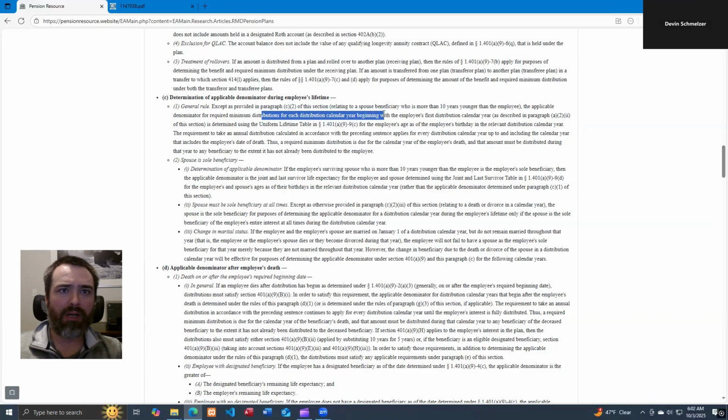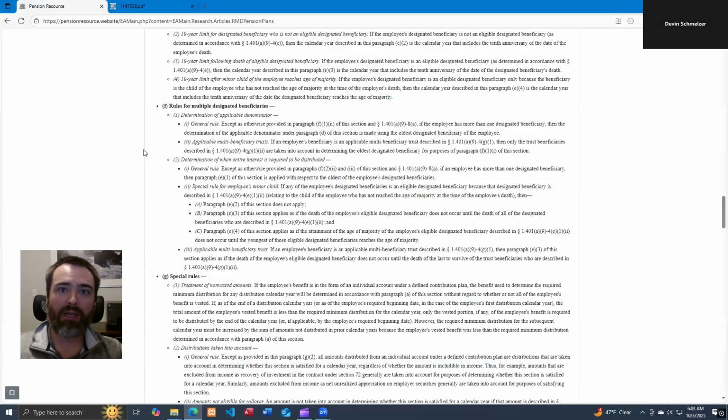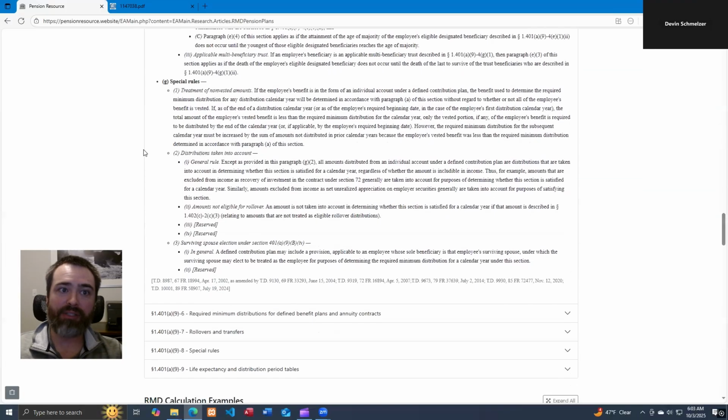I'm going to skip paragraphs D, E, and F because we're focusing on when participants are alive. Now we're down to paragraph G that deals with non-vested balances. When calculating required distributions of the account balance methods for DC plans, you use the whole account balance whether or not vested.